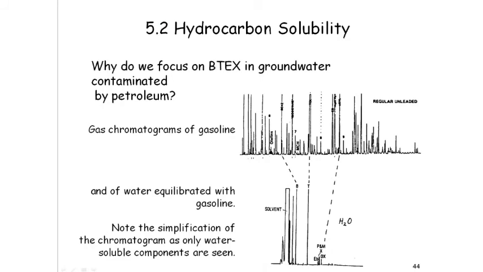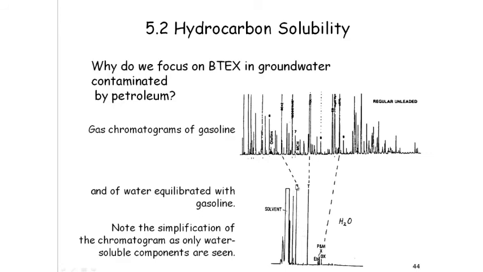Well, we can get a sense of why that's not unreasonable if we look at a gas chromatogram of gasoline. This is a typical analysis of gasoline, and each of those peaks is 1 or maybe 2 compounds, and the peak height is proportional to the portion of those chemicals in the mixture. And you can see that there's lots of chemicals in the mixture, too many for hydrogeologists. If we take that gasoline and equilibrate it with water, and then analyze the organic chemicals that are in the water, we end up with a very much more simple story.